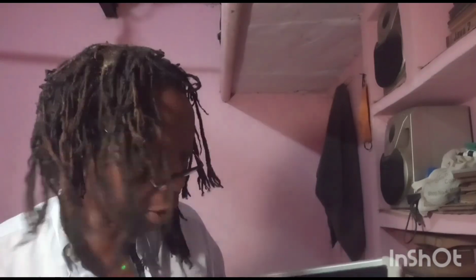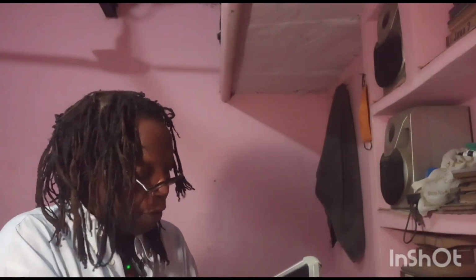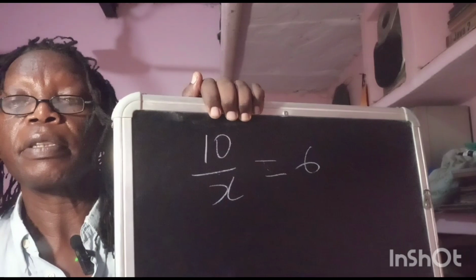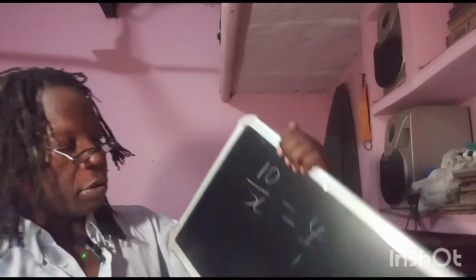You can say 10 over x, for example. You can write 10 over x is equal to, say, 4. So we want to know the value of this through cross multiplication.